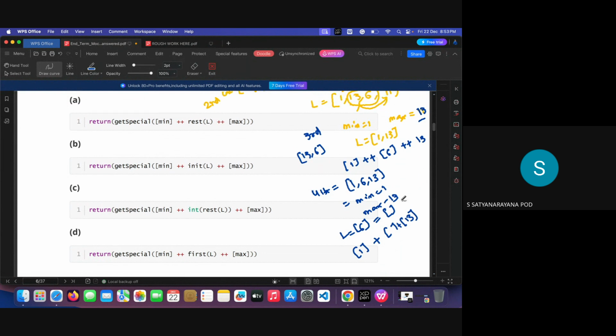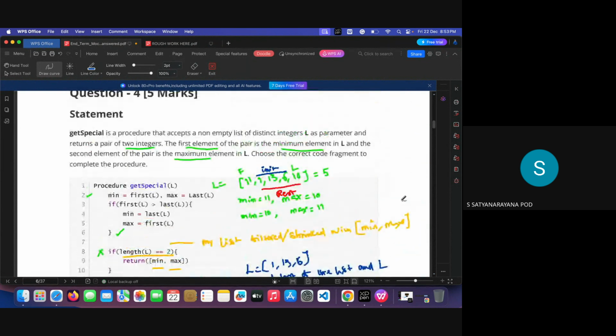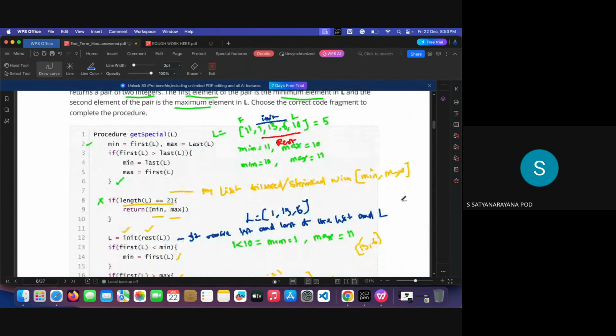Now, whenever you call this time, this condition is satisfied. The length of the list will become 2 only. Whenever it becomes 2, it has reached only 2 elements, and those 2 elements are guaranteed: the first element is the minimum, the second element is the maximum.